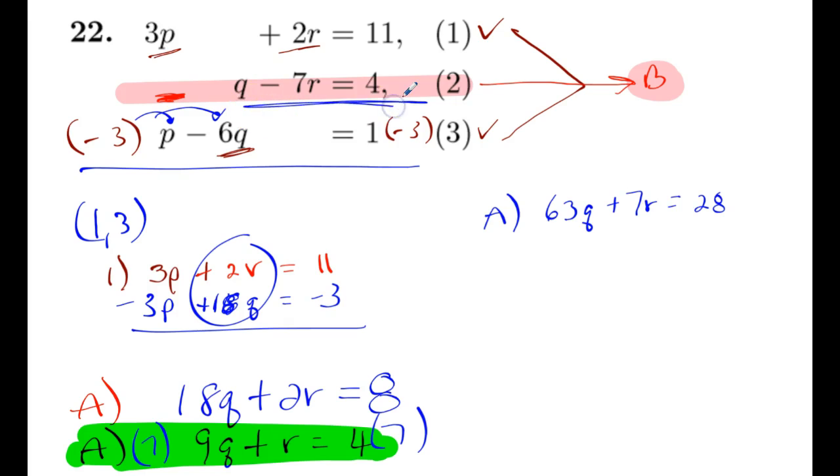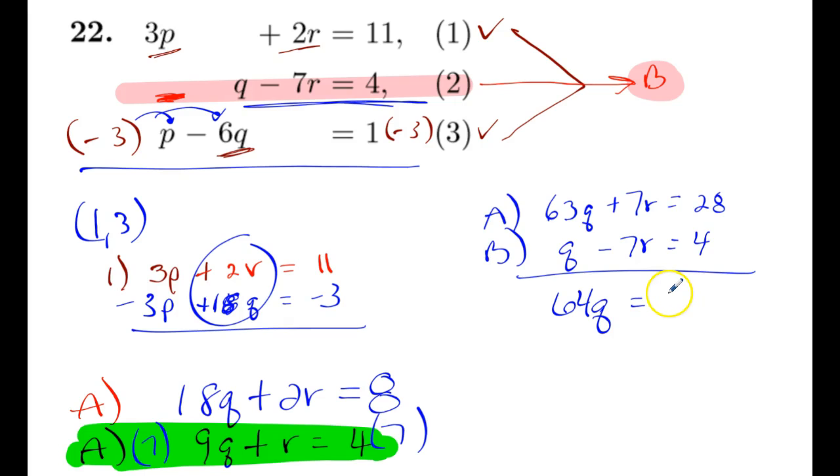I'm just going to leave this pink equation for my B equation because I get the R terms to cancel. I've got a positive and a negative. 64Q is equal to 32, so Q is a half.